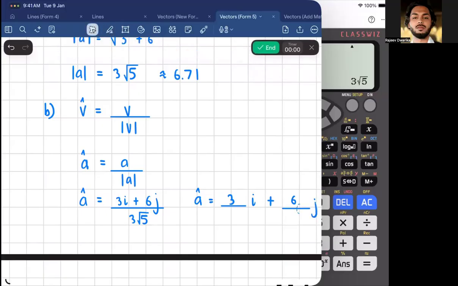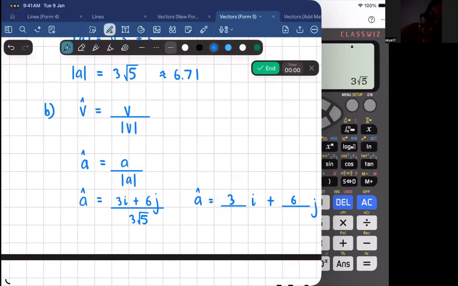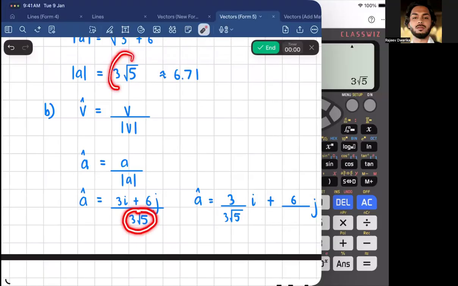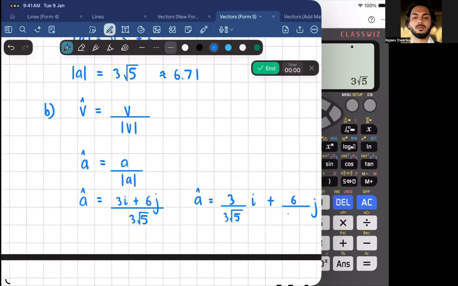Tell me. It is 3/5 plus 6/5. No, it will be 3 over 3 root 3/3. Okay, this is the magnitude. That was the exact answer, right? Plus 6 over 3 root 5, right?